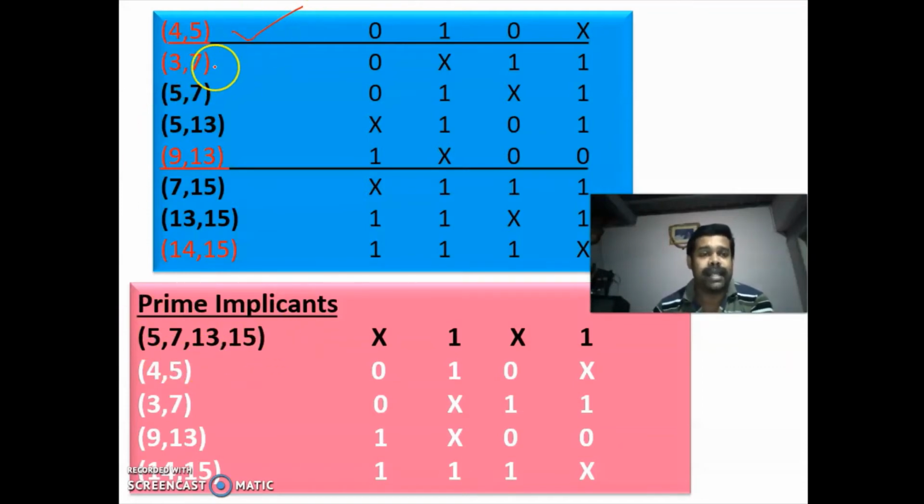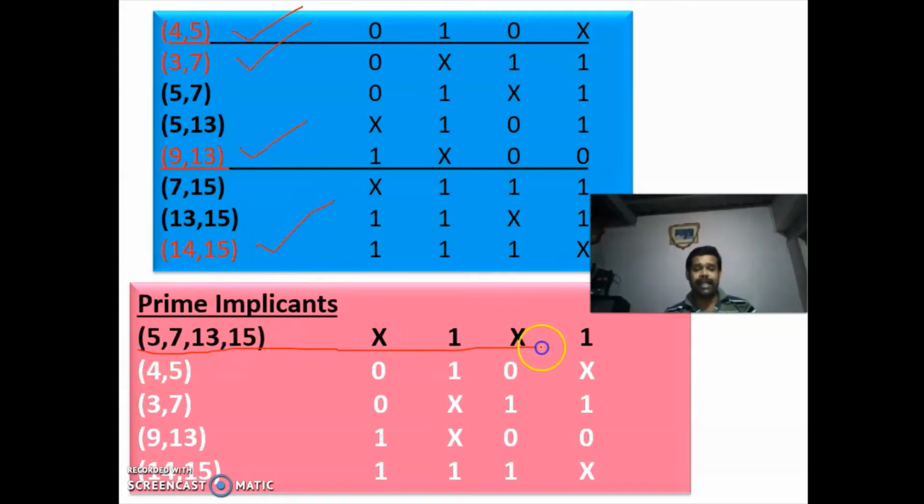Then 3 7 is not present in this set, so put a tick mark. Then 5 7 is present here, so leave it. Then 5 13 is present in this set, leave it. Then 9 13 is not present in this set, you put a tick mark. Then 7 15 is present in this set, so leave it. Then 13 15 is present in this set, you leave it. 14 15 is not present, you tick it.